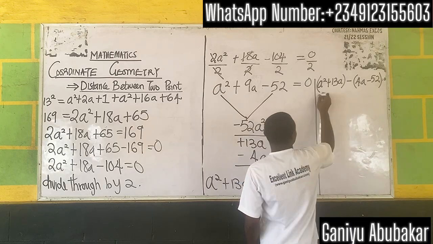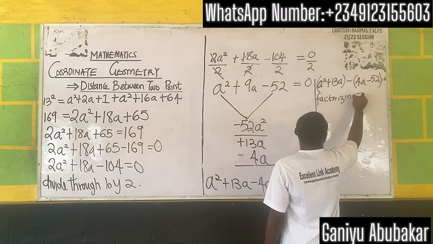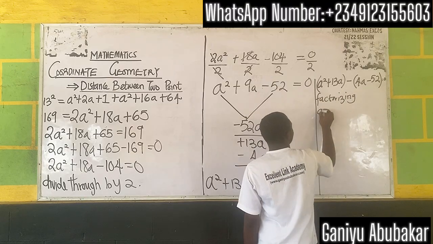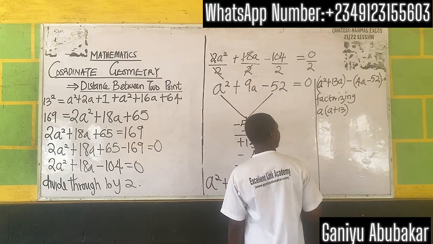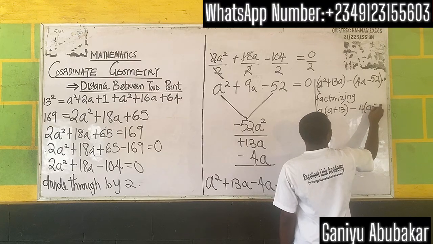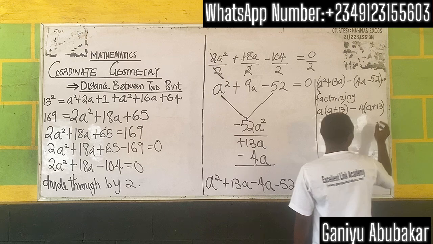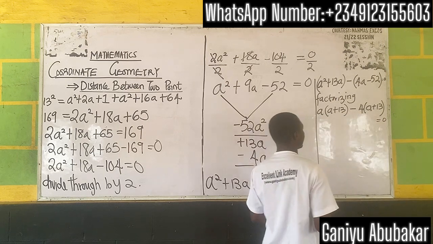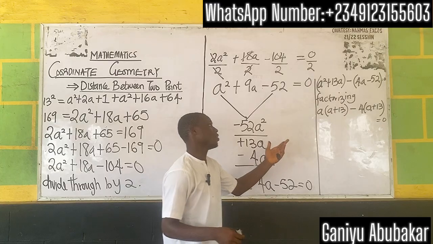Factorizing here, that gives you a into a plus 13, right, minus 4 into a plus 13 equals 0. I expect you should be familiar with what I did here, right?